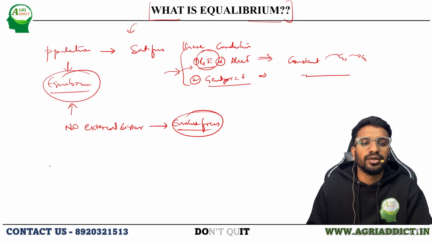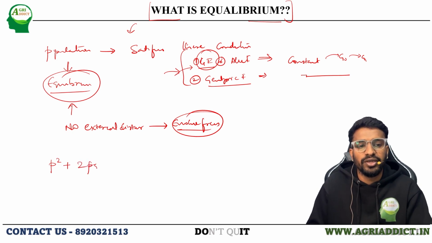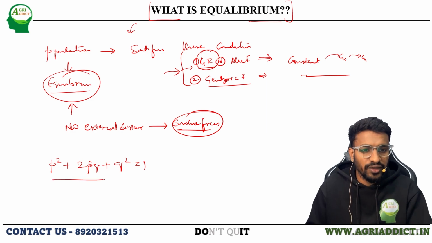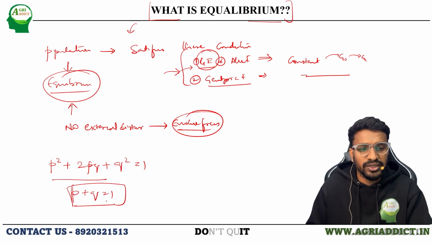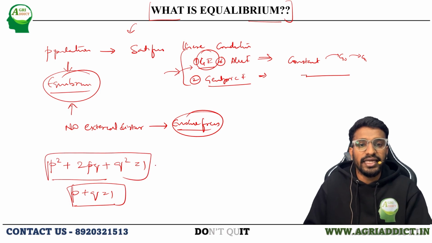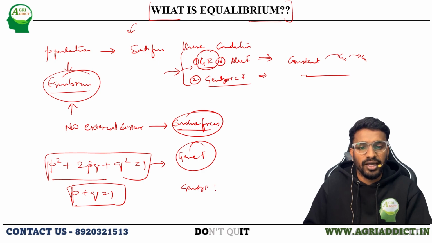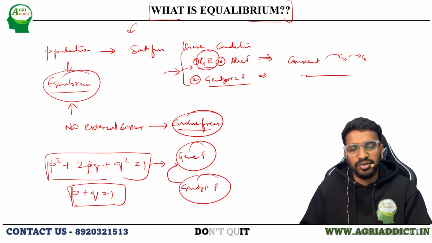Along with that law, we have the equation p square plus 2pq plus q square is equal to 1, and also p plus q is equal to 1. Using these equations, we can easily calculate the gene frequency if we have the genotypic frequency.